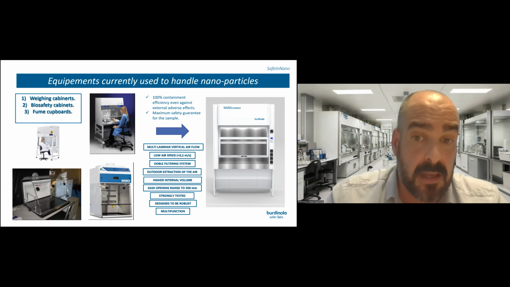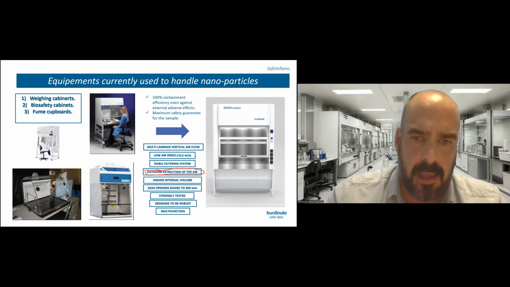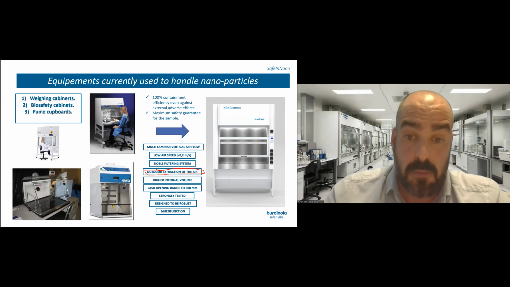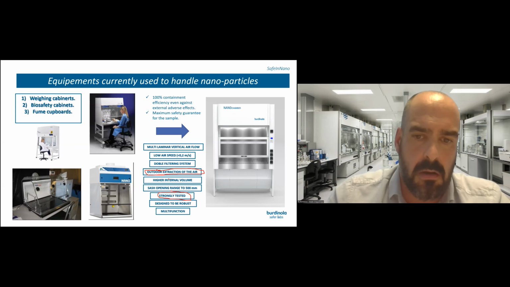Double filtering for the sample and for the user, and, quite important, the outdoor extraction, not recirculating the air to the laboratory, because we can clean it at 100%. Also important, it is strongly tested. I have mentioned before that there is no standard, so we have developed our own standard, which I am presenting later in some slides.